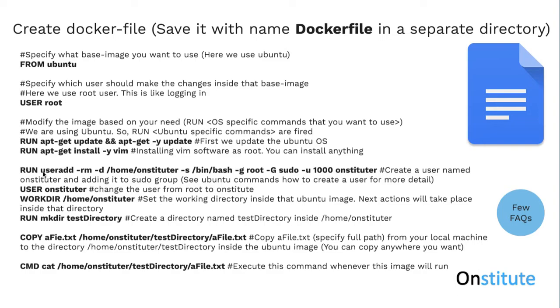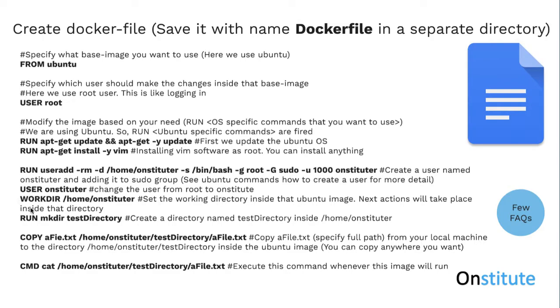And here, since we are trying to do it inside a Docker image, we have just used it after the RUN command. Then again we have used USER. That means we are changing the user from root to Onstitute.